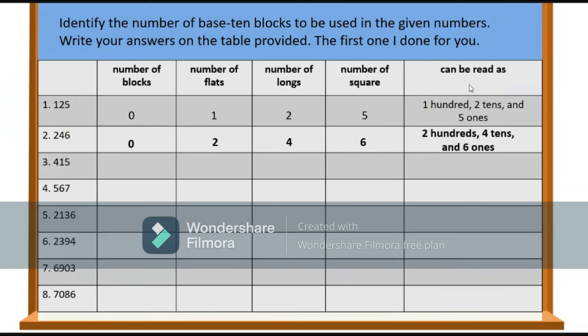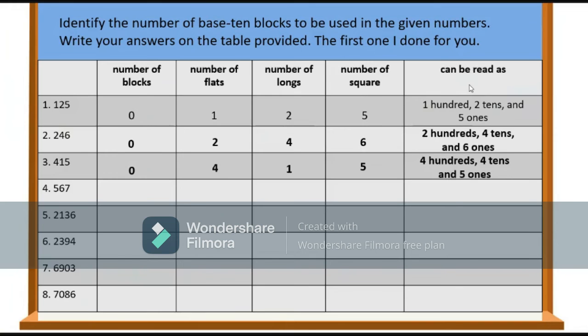Next, so we have 415. So we don't have blocks, so we put 0. How many flats? We have 4 flats. Number of long, 1 long, and then number of squares, 5 squares. Okay, so we read this as 4 hundreds, 1 ten, and 5 ones.